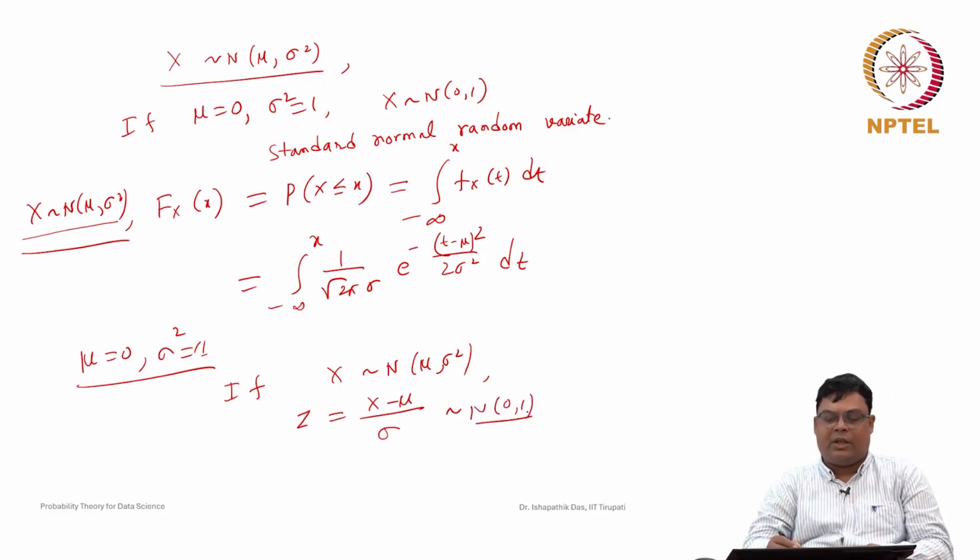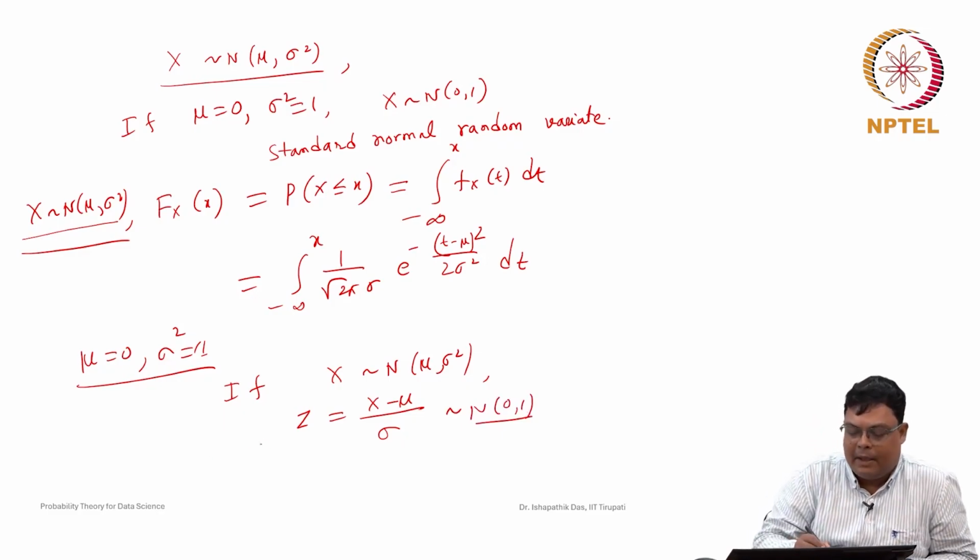This kind of transformation is useful, because if you want to find the cumulative distribution function, suppose you want to find the probability that X is less than or equal to x.